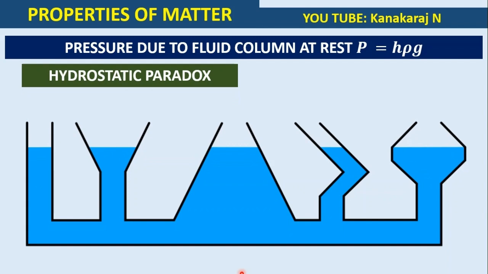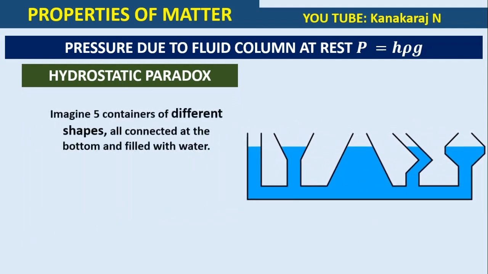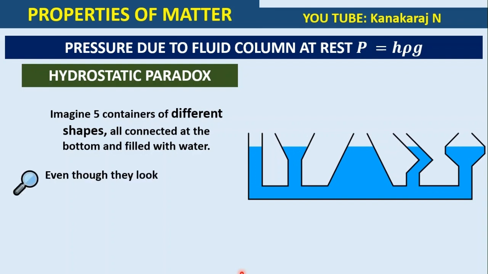Hydrostatic paradox. Imagine 5 containers of different shapes, all connected at the bottom and filled with water. Even though they look different, the water level is the same in all because the liquid seeks its own level.